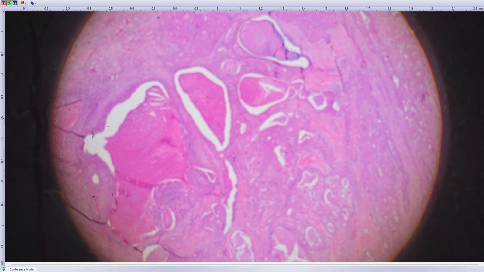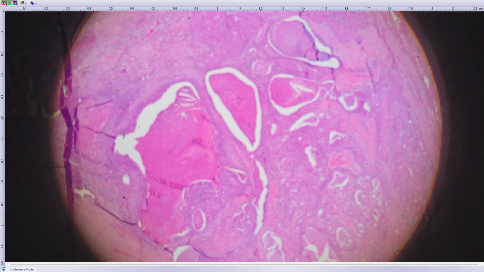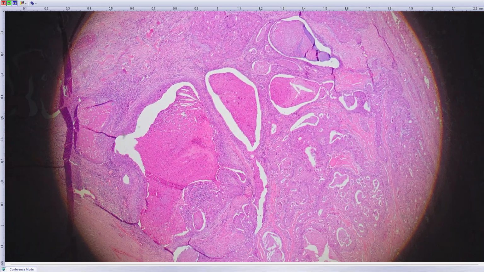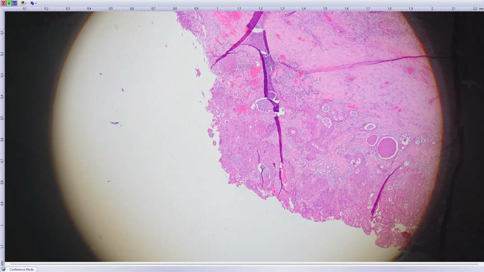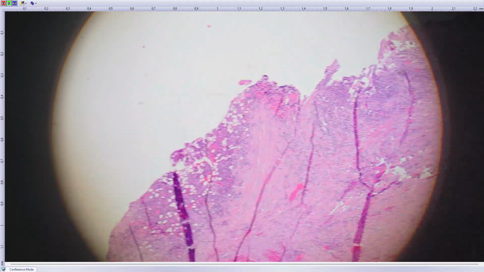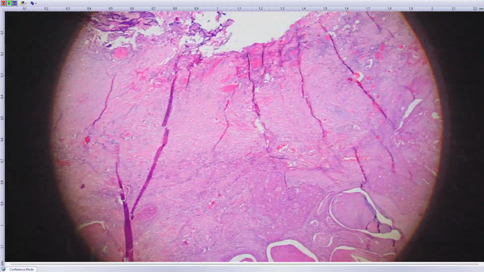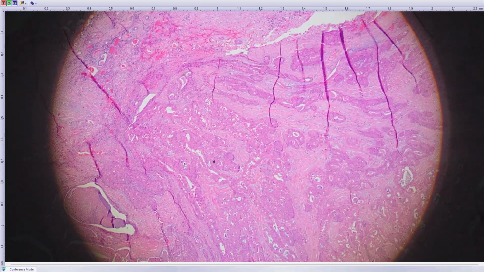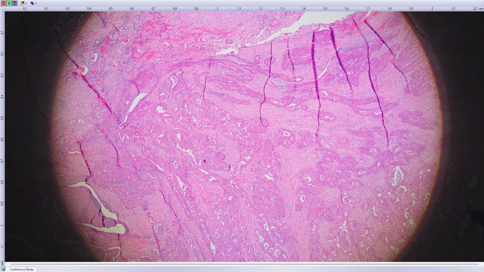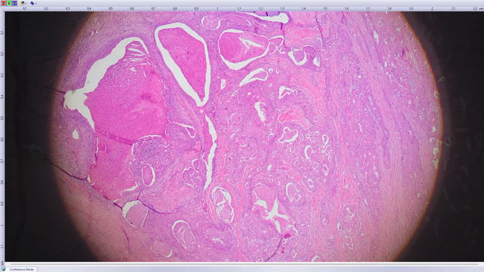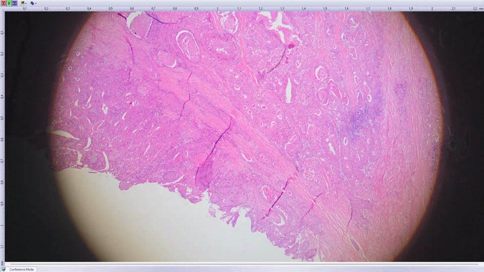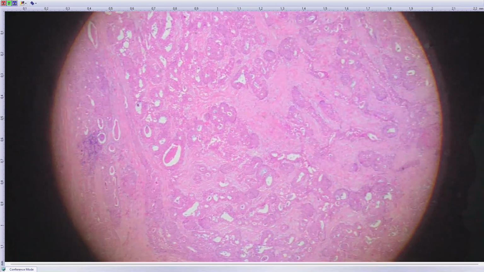And I received this tumor with a diagnosis of adenocarcinoma not otherwise specified. As you can see in this scanning magnification, I will go very fast through the whole section, and then I'll focus a little bit more. You can see that there is generally tubular and papillary cystic type of infiltration.